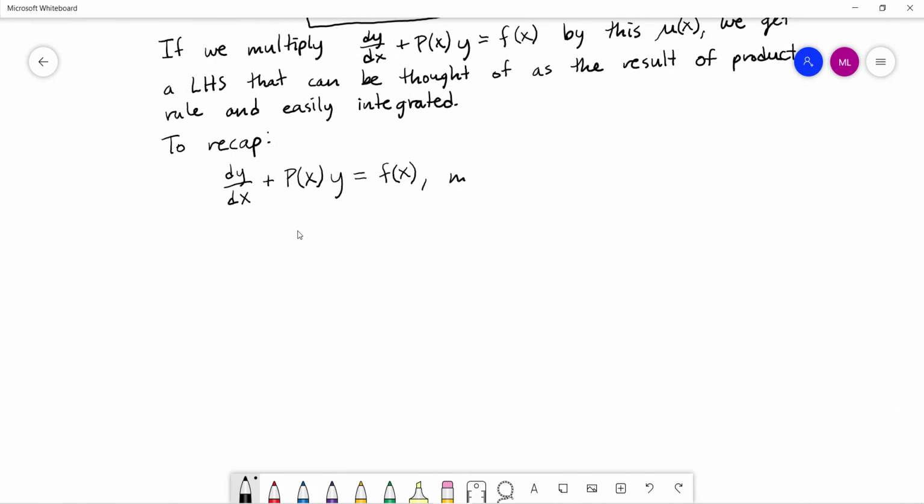So what we're going to do is multiply by mu of x, which happens to take the form of e to the integral of p of x dx. So I'm going to multiply every single term by that. And when we do that, we will get basically this term.